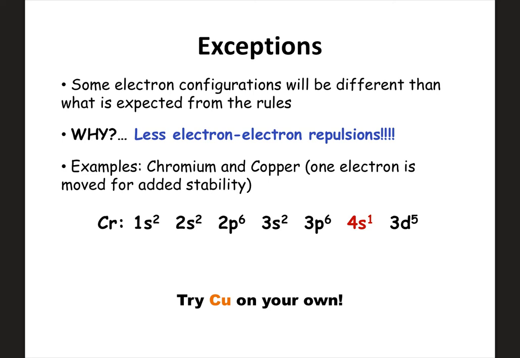There's less electron-electron repulsion taking place, and that's why these electrons are moved for copper and chromium. So just be careful with that and realize you are responsible for the other forms of electron configuration that we did cover in honors. I tried to focus in this video on some of the newer stuff that we didn't necessarily see in previous courses.